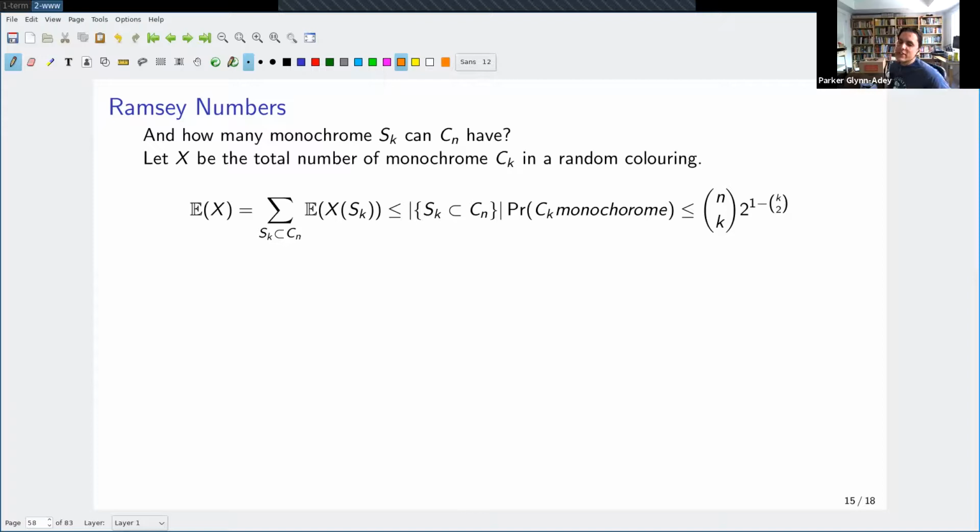So what I like that's going on here is we have this big expectation that's looking for these complicated substructures, right? We've got some graph, and we're looking at all these subparts of the graph.